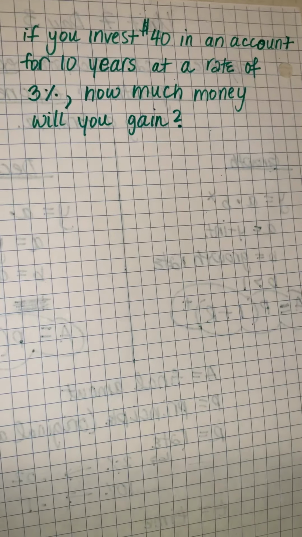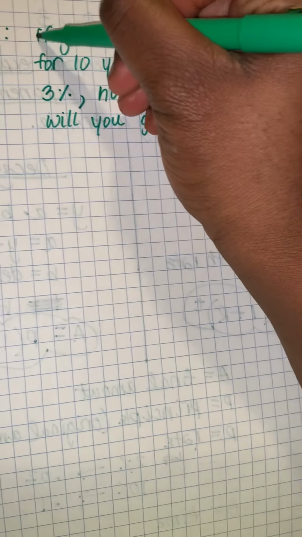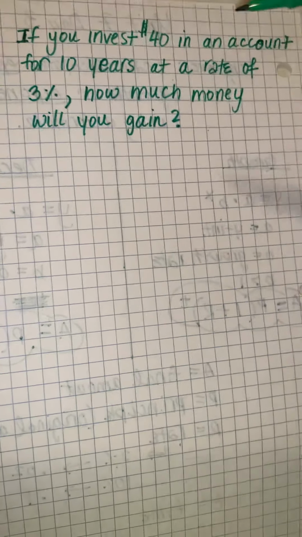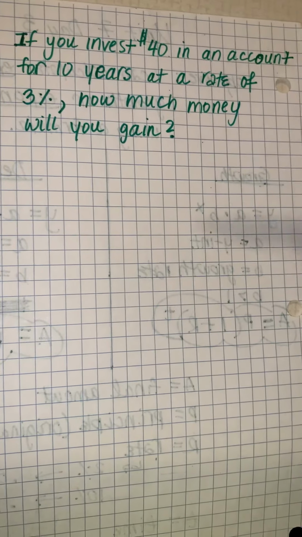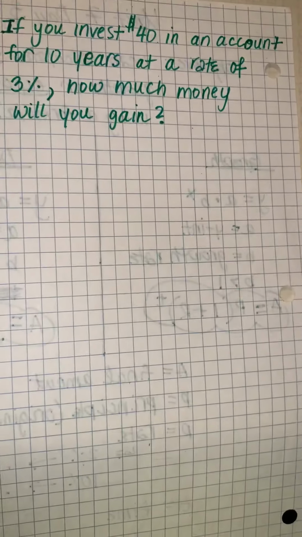So again, my word problem says, if you invest, and it's supposed to be a big I. This is why I'm not an English teacher, you guys. But if you invest $40 in an account for 10 years at a rate of 3%, how much money will you gain? So it's giving us a lot of information.